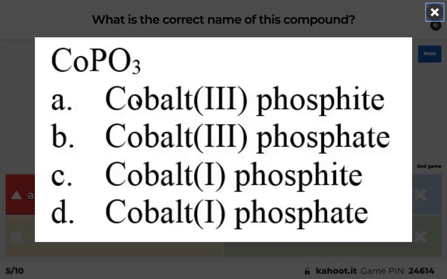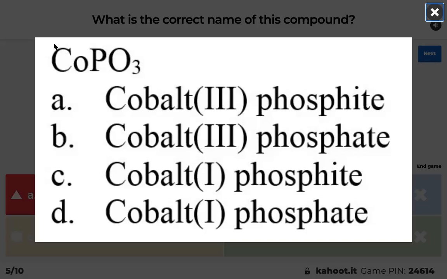The way that I do that is I look at the charge on this negative ion. PO3 we just identified was phosphite, and when you look up phosphite on your list of polyatomic ions, its charge is -3. There's only one phosphite here, PO3, and it has a charge of -3.